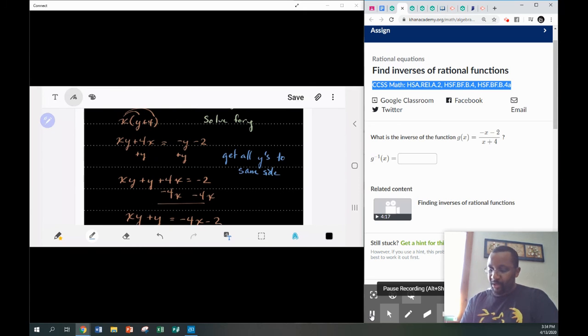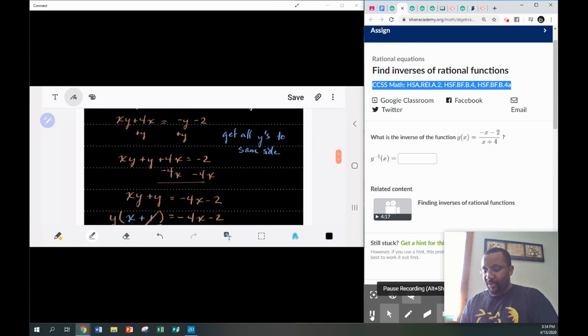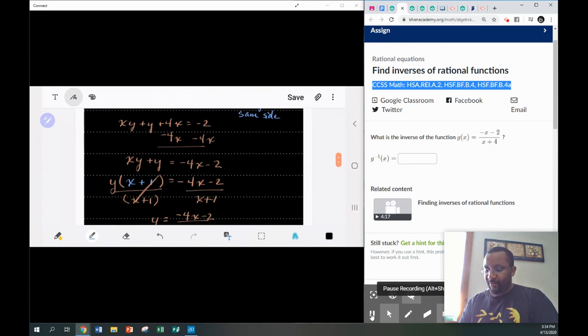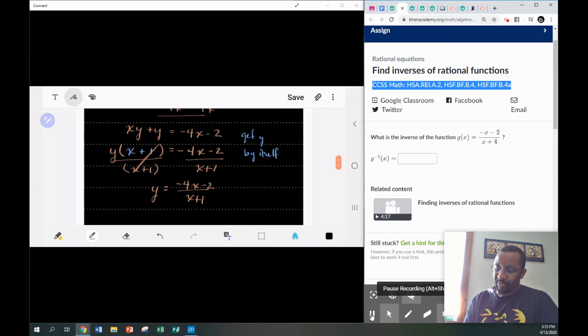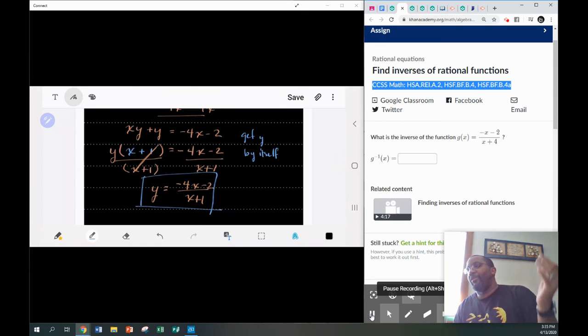Once you get all the y's to the same side, then you solve and get y by itself, and finally you've got your answer here. That's one example. The rest of them are pretty much the same.